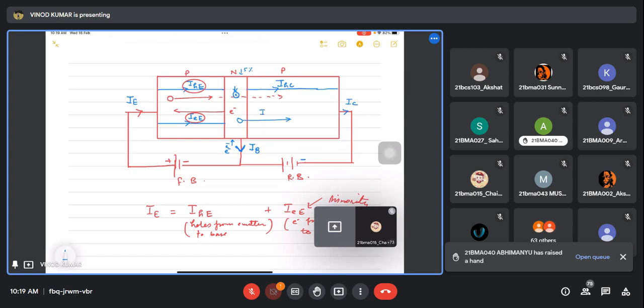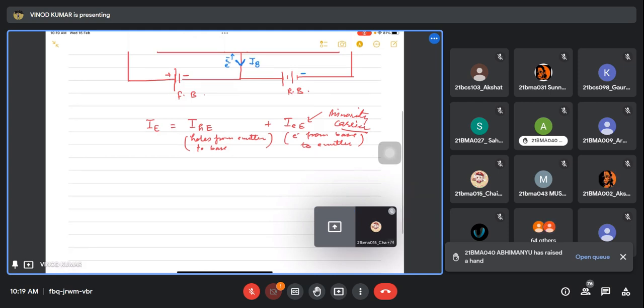So the collector current is because of the minority carriers.